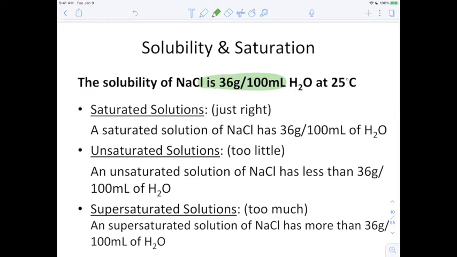I don't want to leave you yearning for chemistry, but I also try not to supersaturate you, which is you leave and there's chemistry dripping out of your ears and you're like, I can't remember half of what she said, she went too fast. So saturation is the perfect amount. Unsaturated means you could still dissolve a little bit more. And supersaturated is when you've got way too much in solution, or really anything over the 36 grams in the case of NaCl in 100 milliliters of water.